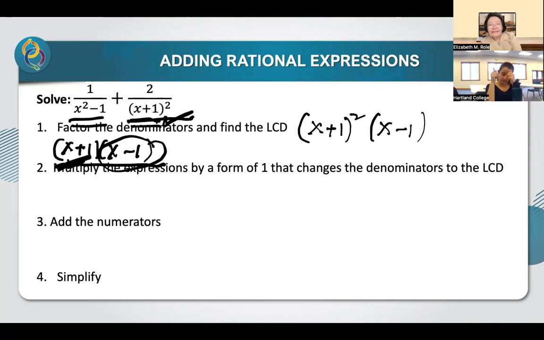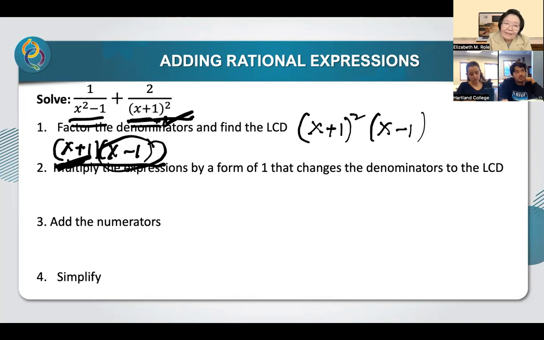Can the LCD also be x squared minus 1 times x plus 1? Can be, yes. But we want the LCD to be factored because we want our final answer to be in factored form. You are correct, it can also be x squared minus 1 times x plus 1.